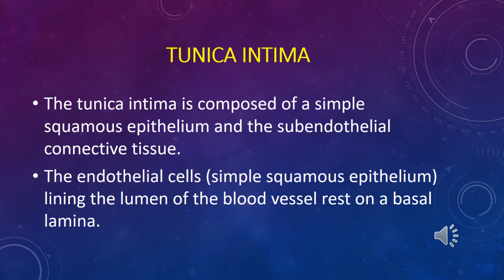Tunica intima is composed of simple squamous epithelium and subendothelial connective tissue. Endothelium is composed of specific cells named endothelial cells. Simple squamous epithelium, endothelium, is present in all blood vessels.